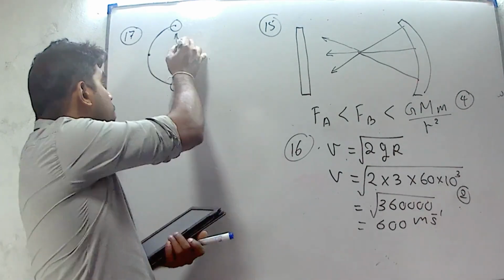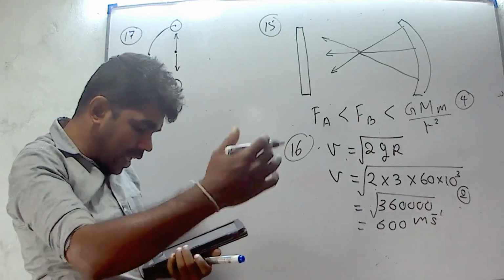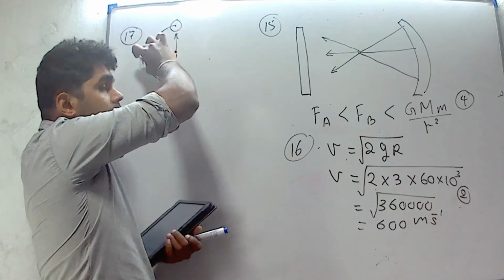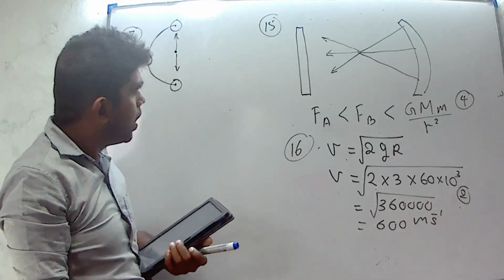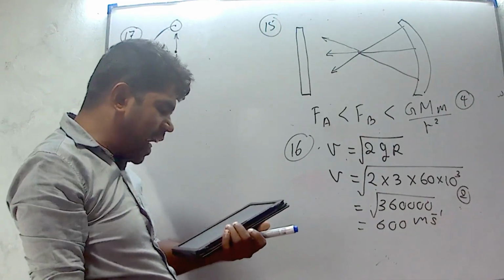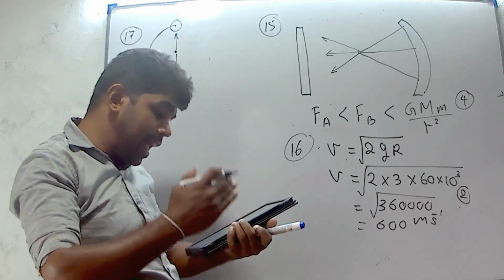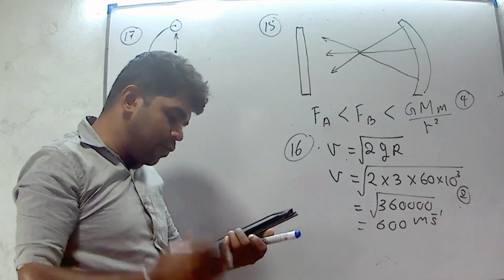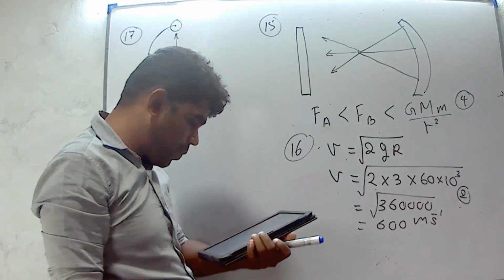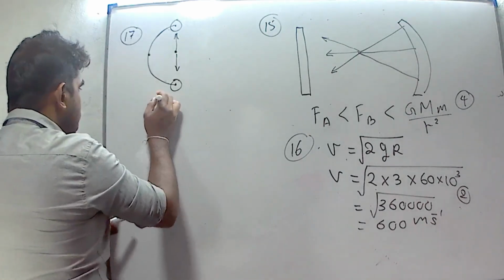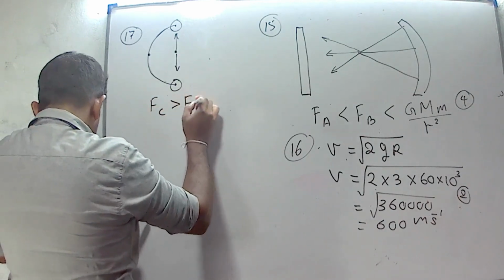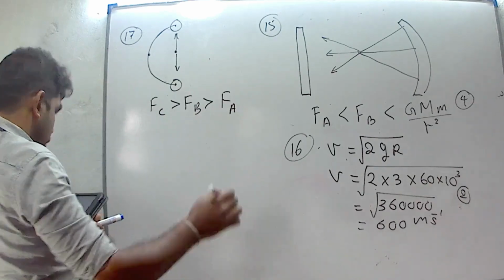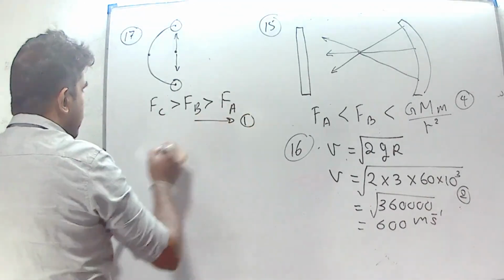For the second situation, masses are moving towards this side. Therefore, the gravitational force should be greater than A, and in situation C, the gravitational force should be the greatest value. Then we get Fc, Fb and Fa in this order. Therefore, the answer is 1 for question number 17.